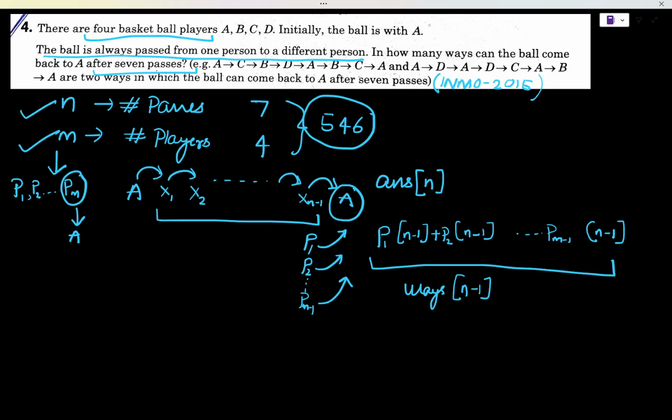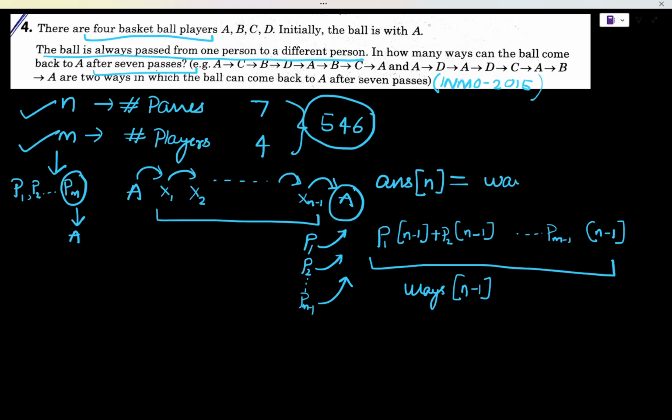Just to reiterate what I said, the answer after n number of passes, how many ways A can receive, is the same as the total number of ways the remaining players P1 to Pm minus 1 can receive after n minus 1 passes, because A has to receive the ball from one of them. Remember that in our convention we have chosen Pm to be A. Now this part should be clear.